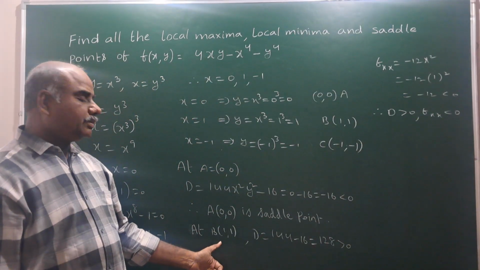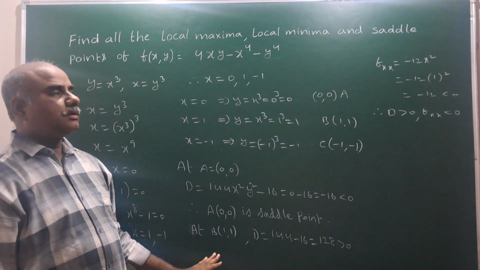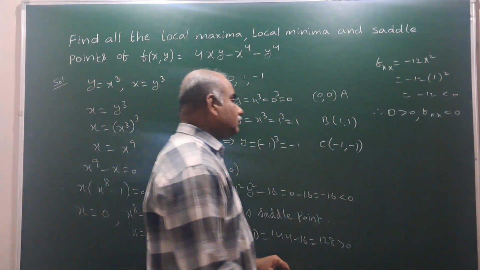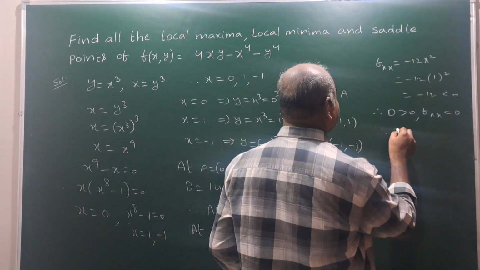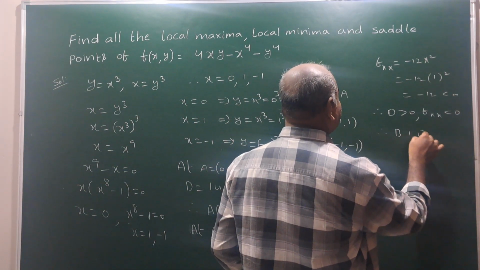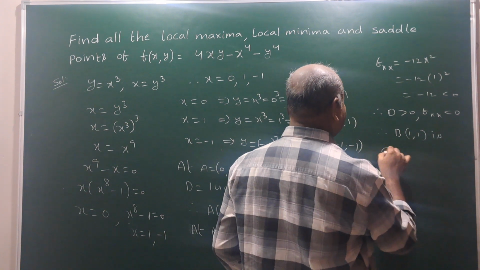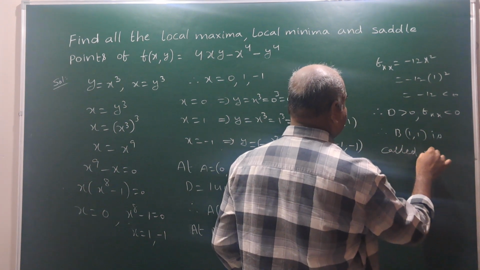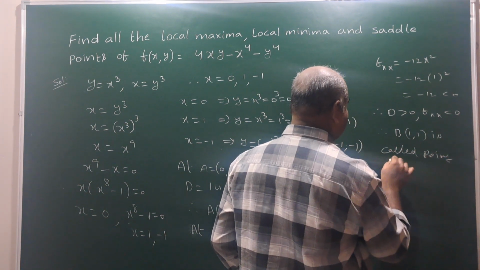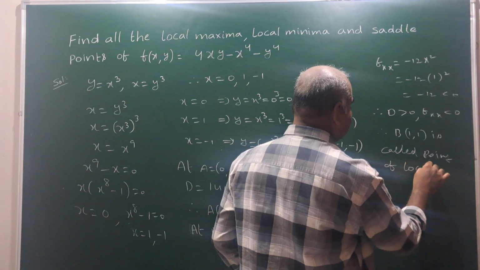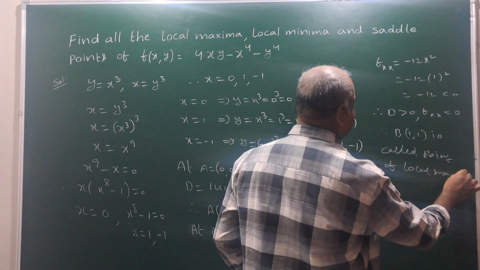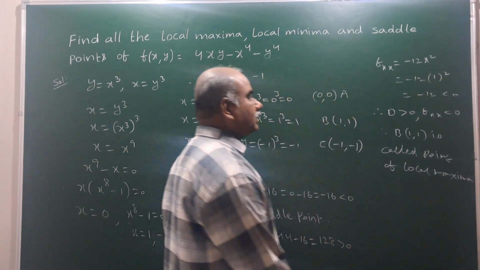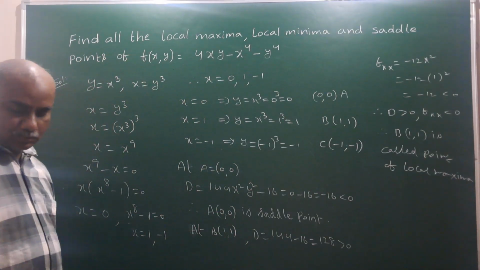Therefore B (1, 1) is called a point of local maxima.